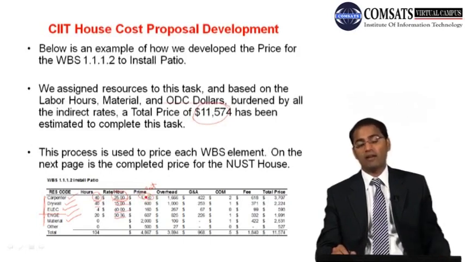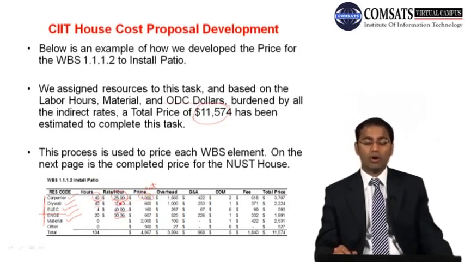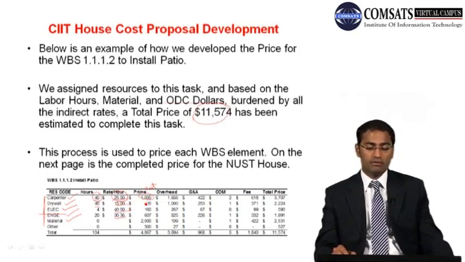So for carpenter we have to spend $1,000, for drywall $600, for electrical $160, and for engineering $6 or $7. And material, we do not have hours, but we may have the quantity.